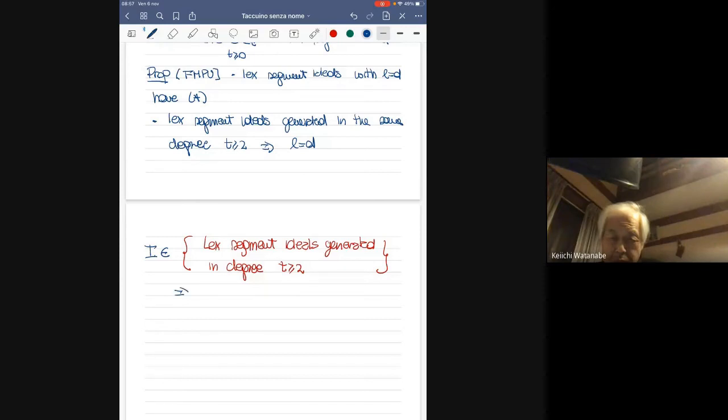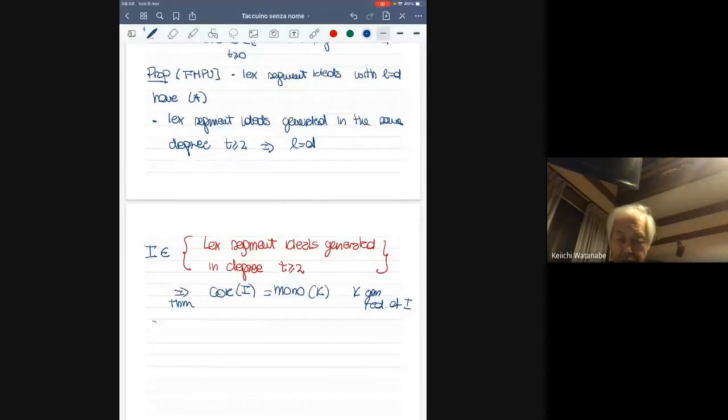Then, by the theorem I pointed out before, the core of I is the mon of K for K a general reduction of I. And now the conjecture, and that's the open problem that I want to put here, and I'll tell you the progress we have made towards that. The conjecture is that the core of I is actually simply I times a power of the maximal ideal. And which power?